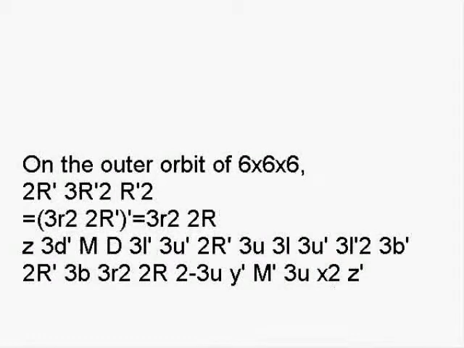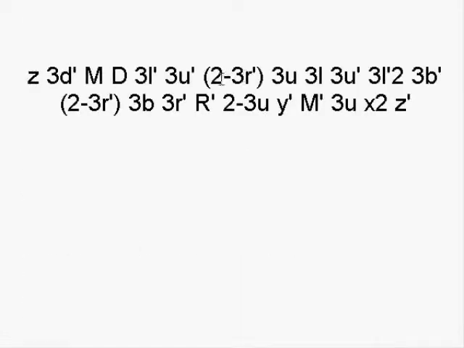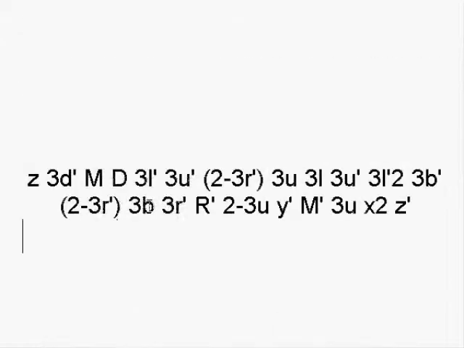If we were to translate this to the outer orbit of the 6x6, the only portion of the algorithm that might be a little bit tricky, besides making these turns here just a single slice on the inside of the cube, the tricky part is converting this right here, because we did something different to optimize the moves earlier on.